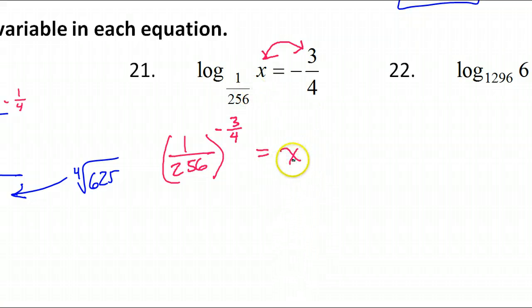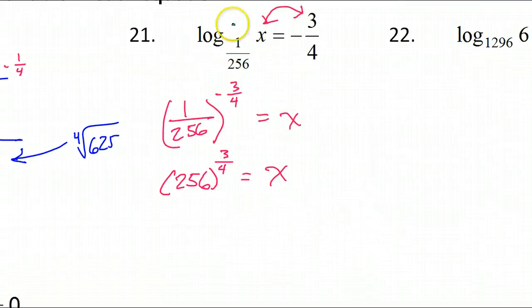So look, I already have x by itself, so all I have to do is simplify this. Do you remember what you're supposed to do when you have a fraction and a negative power? You're supposed to do the reciprocal. So the reciprocal of this would be just 256. You know, 256 over 1 is just 256. And then I can put a positive 3/4 power.